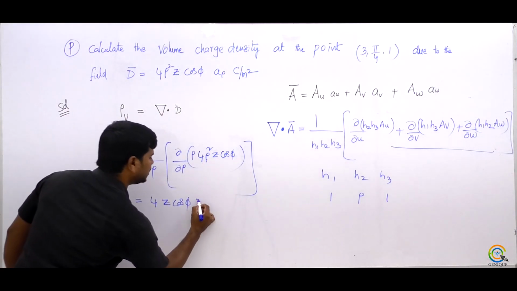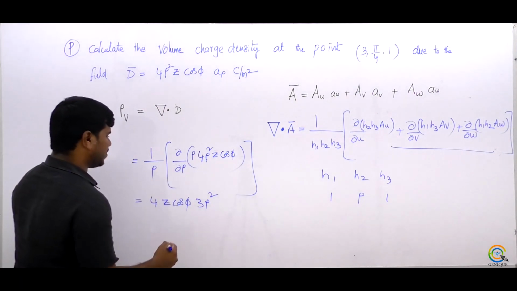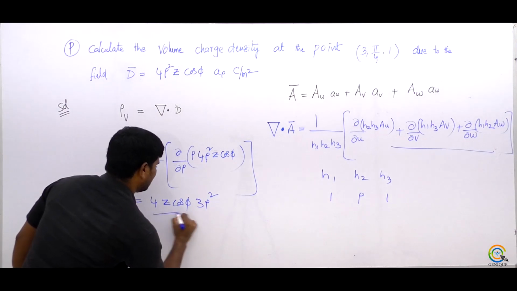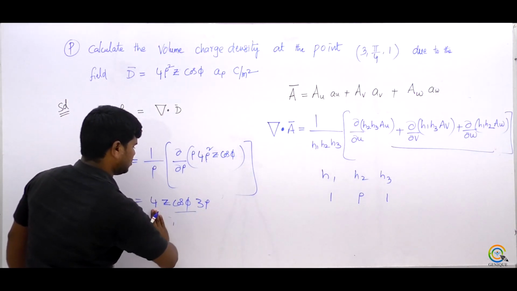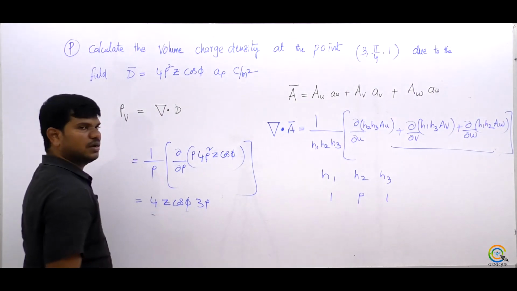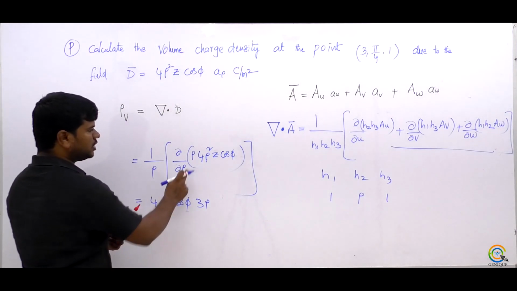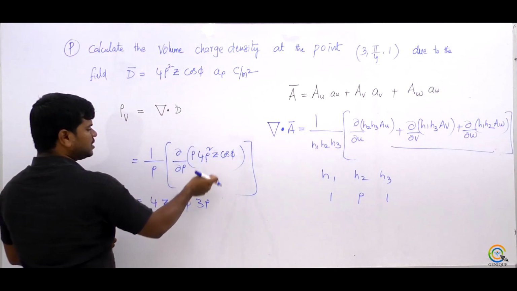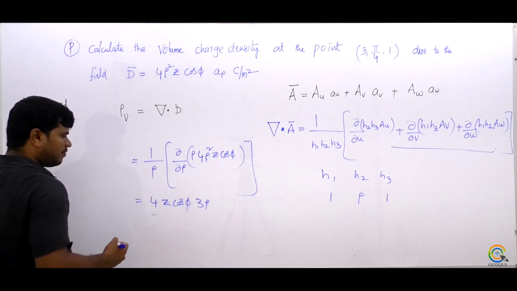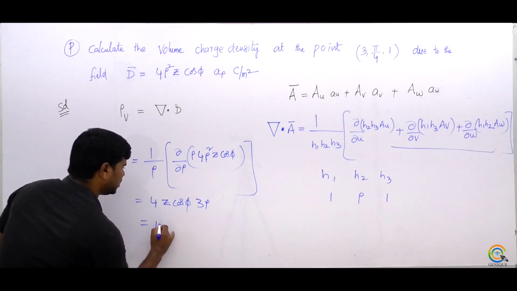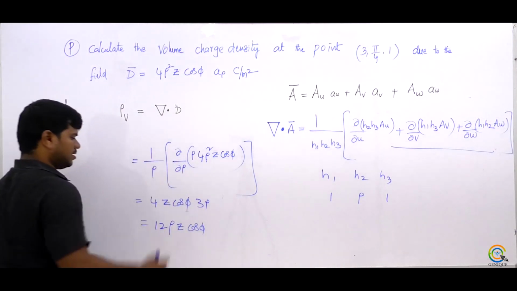Rho cube differentiated means 3 rho square, divided by rho. So this is the final answer: 12 rho z cos phi.